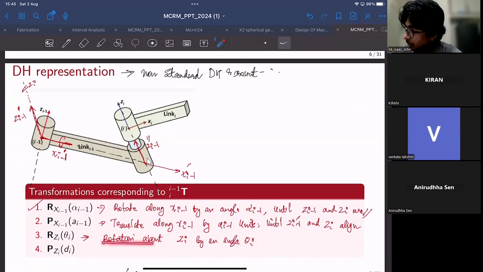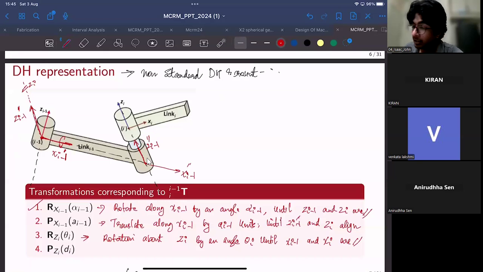So third would be rotation about z_i by an angle theta_i until x_{i-1} and x_i are parallel, right? As you can see, there is also an angle between x_i and x_{i-1}, right?